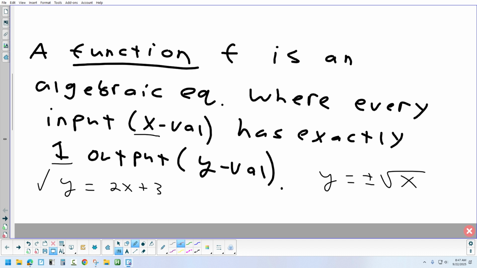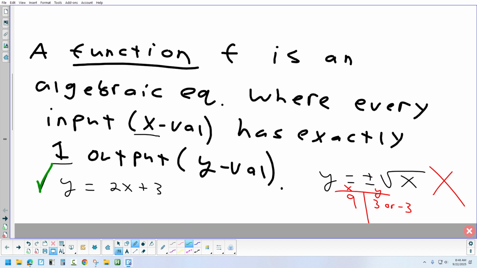So if you plug in 9 for x, one answer that you get for y is 3. And then what number can you multiply by itself that gives you 9? That's negative. Negative 3. So the problem here is if you plug in 9 for x and you take the square root of 9, there are two different answers. One of them is 3, the other one's negative 3. This is not a function.